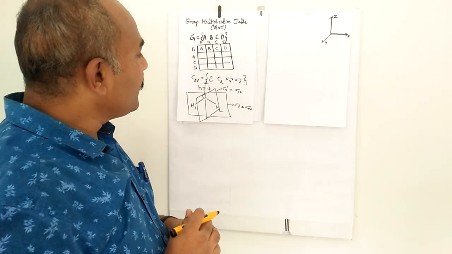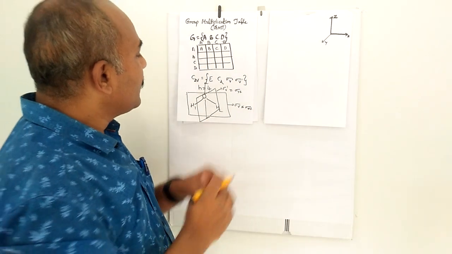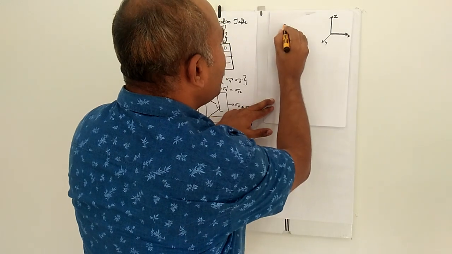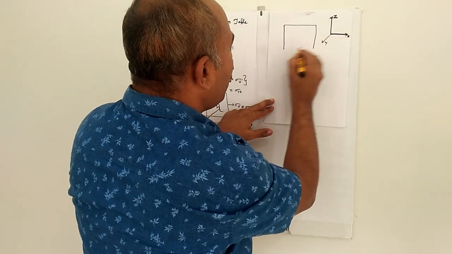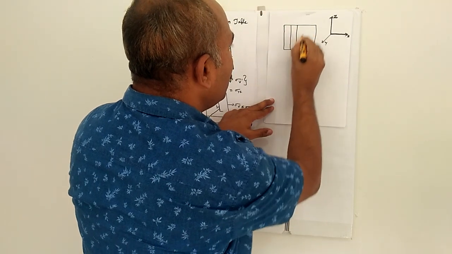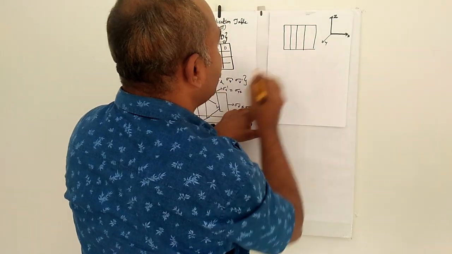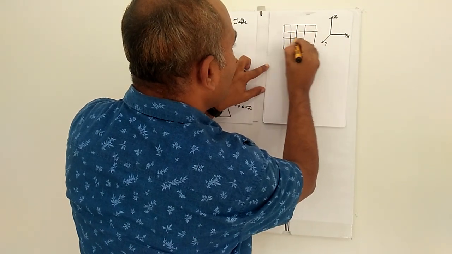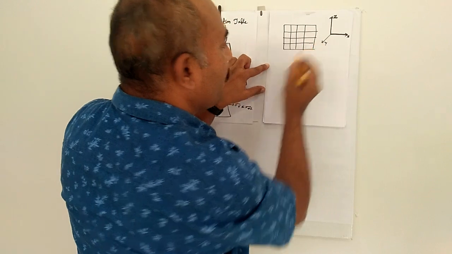So now we will construct the group multiplication table for the C2v point group. As I told, the C2v point group has 4 columns and 4 rows: 1, 2, 3 and 4. Similarly, there are 4 rows: 1, 2, 3, 4.